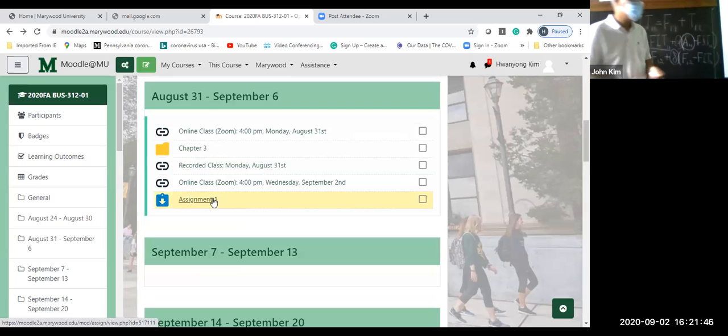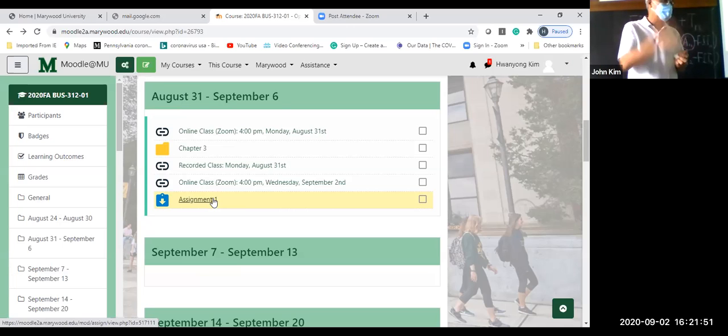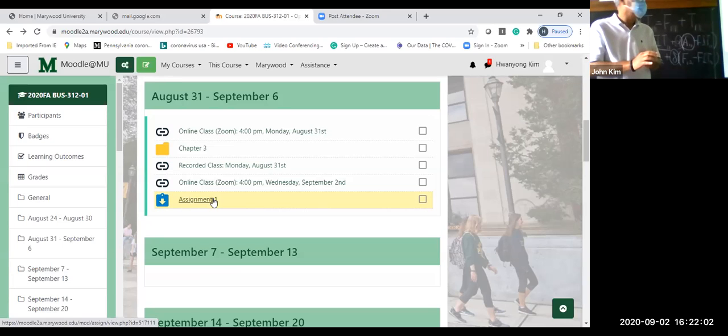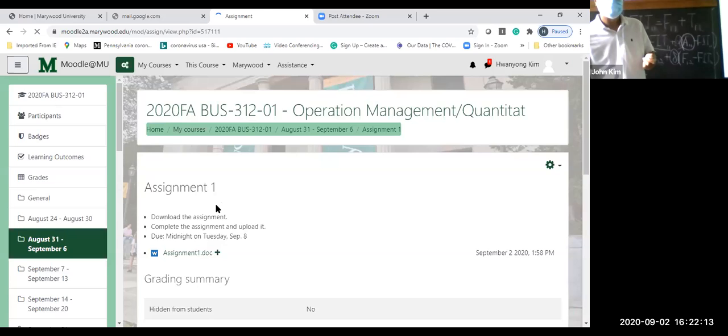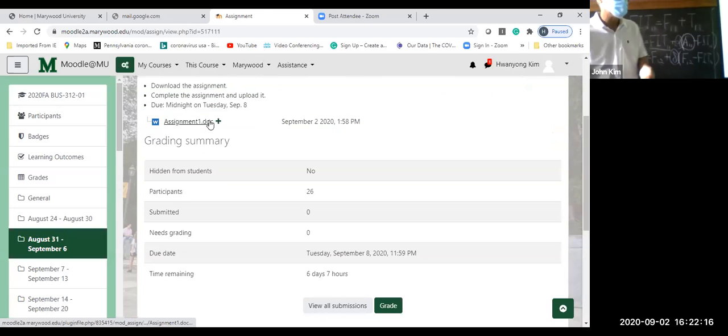You have an assignment. This assignment is similar to that question, using FIT, exponential smoothing with trend. So open this assignment. Then there is a file, assignment 1. Download this file, complete it, and upload.